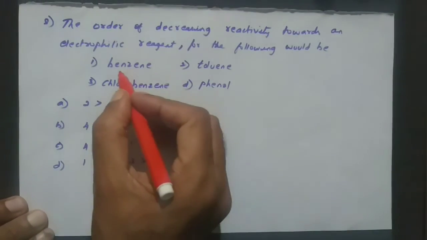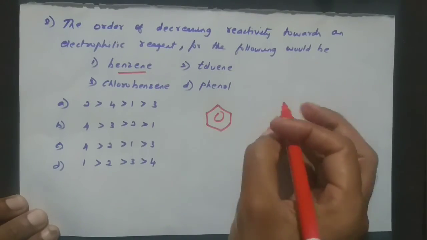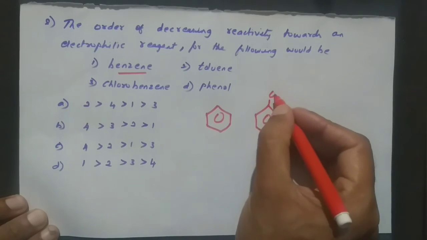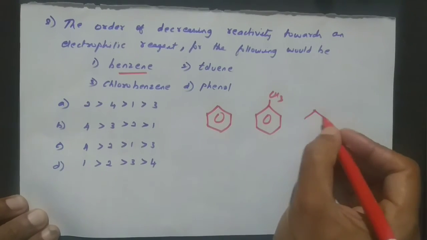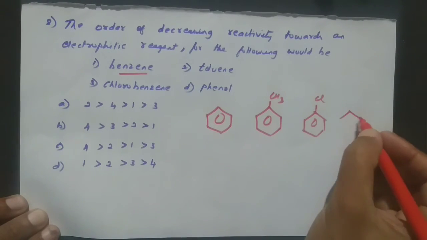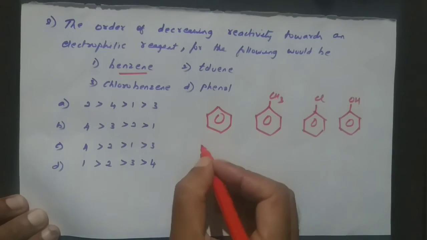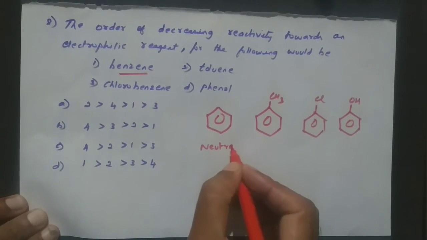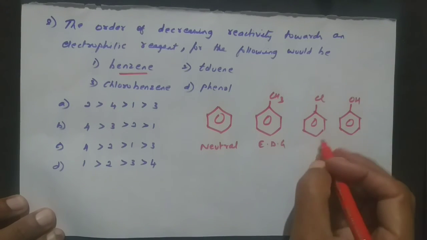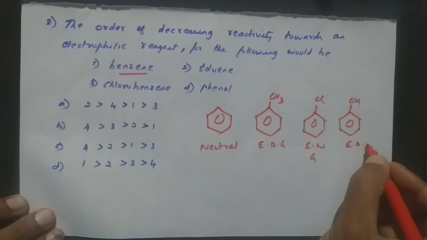For the last question, they have given benzene as 1, then followed by toluene, which is methyl benzene, and chlorobenzene, which is Cl, followed by phenol. So benzene is neutral, methyl benzene is an electron donating group, chlorobenzene is an electron withdrawing group, and OH is an electron donating group.